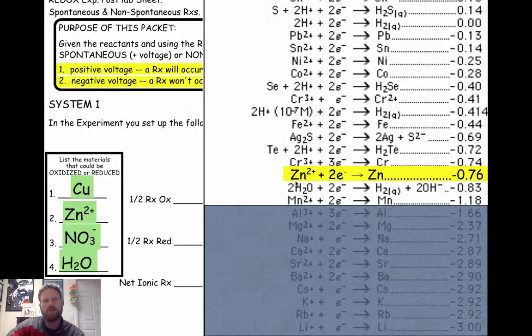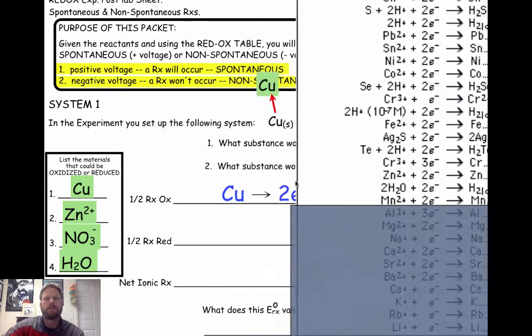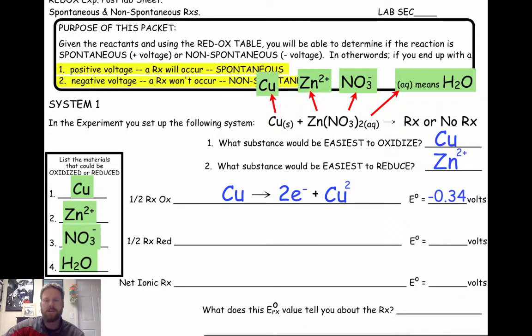Cations have lost electrons, so they are free to gain electrons again. Nonmetals, remember, by definition, want to gain electrons. So let's write Zn2+ as our substance easiest to reduce and write that half reaction down with the voltage.